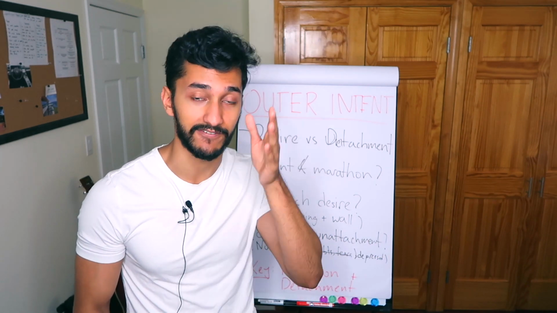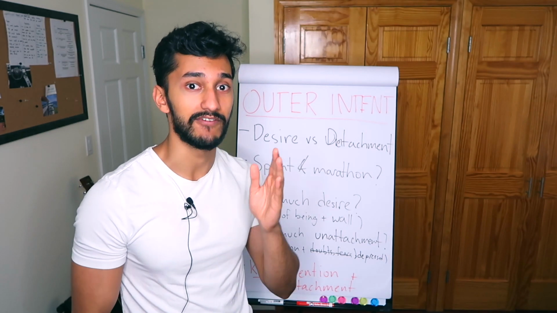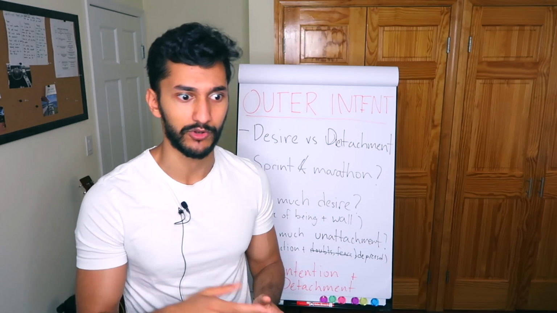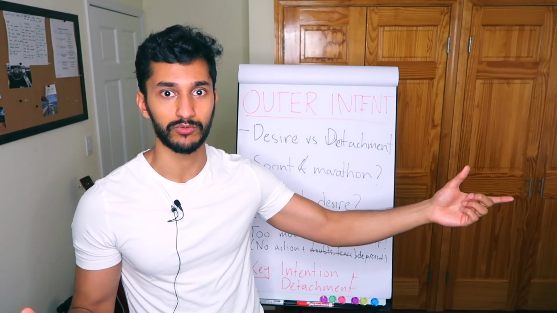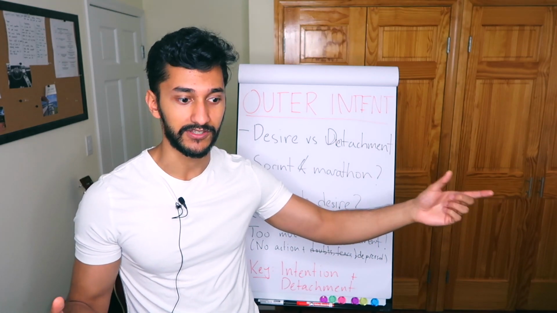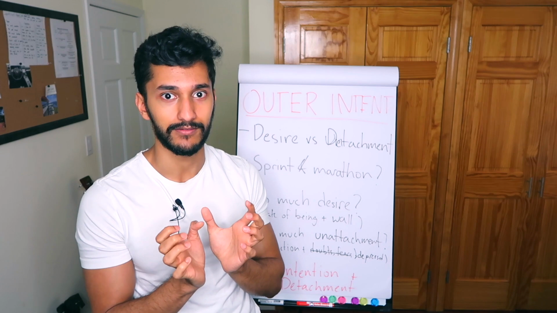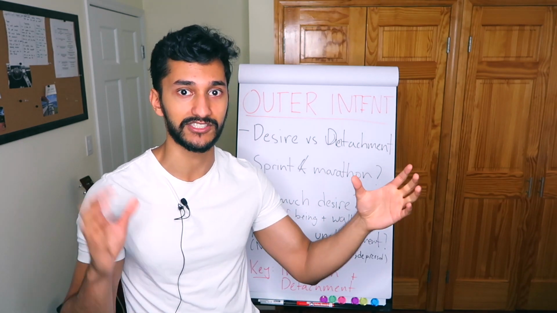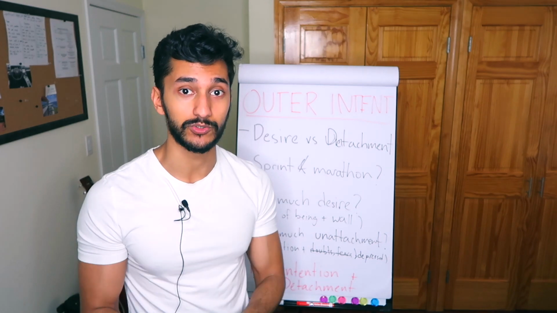The one way to do that is to get fully immersed in whatever you're doing. If you get fully immersed in whatever you're doing, you're taking action with discipline, but at the same time, you're not needing anything from the action. So there is no desire for the result, but at the same time, there is surrender. That's the perfect balance that you create between abhyasa and vairagya. That's exactly what we're talking about now.